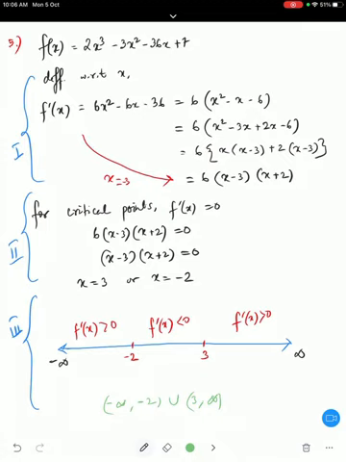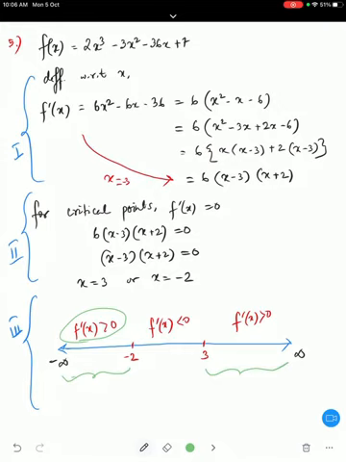Okay. Now, acha, let's start this one. So union basically does what? Union is just adding the two. Let me write the answer first. So the function is increasing. Where does the function increase? Where the slope is positive, where f dash x is greater than 0. So this is the interval at which f dash x is greater than 0, and again, this is the interval at which f dash x is greater than 0.